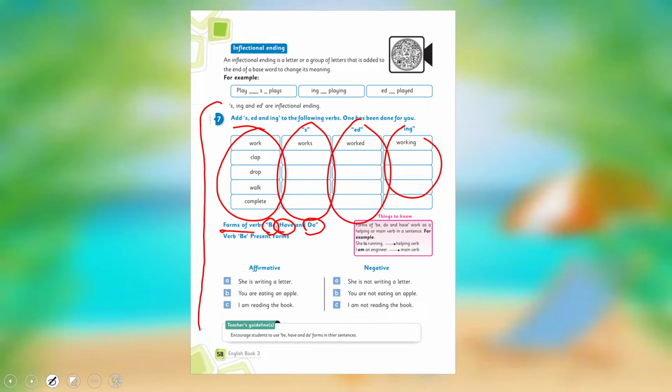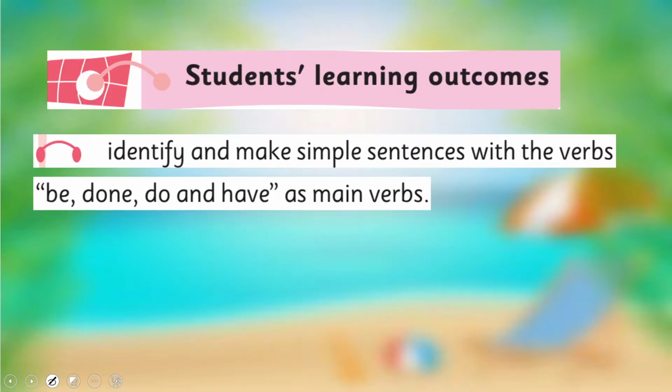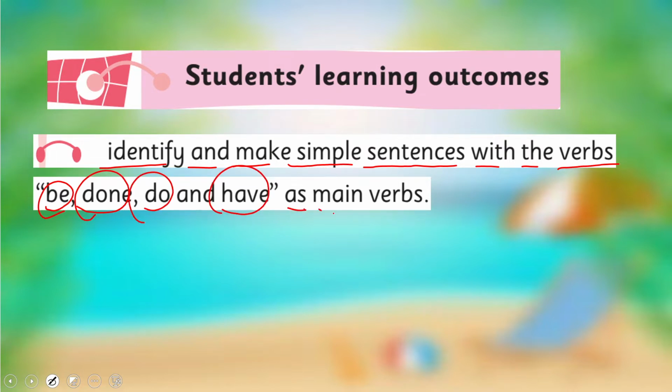I hope you remember this whole concept. If not, you may watch this video lecture again, because we are going to learn further to identify and make simple sentences with the verbs be, do and have as main verbs. This is our today's SLO.